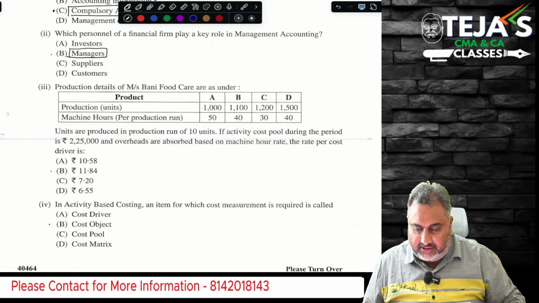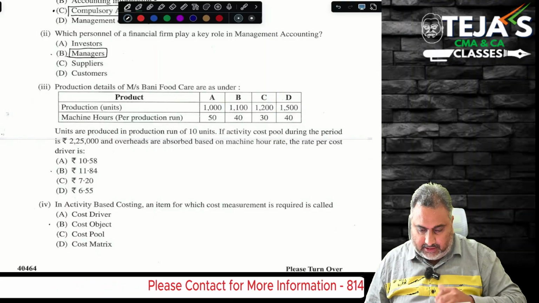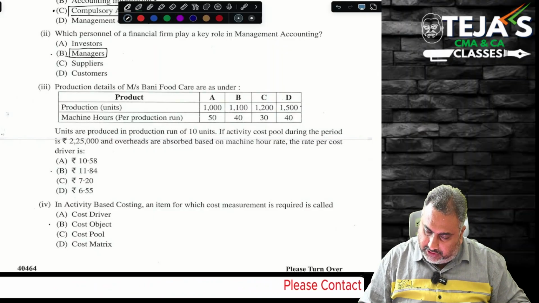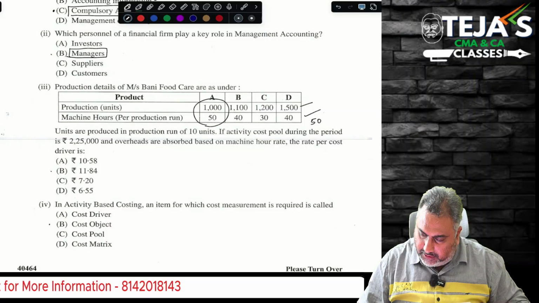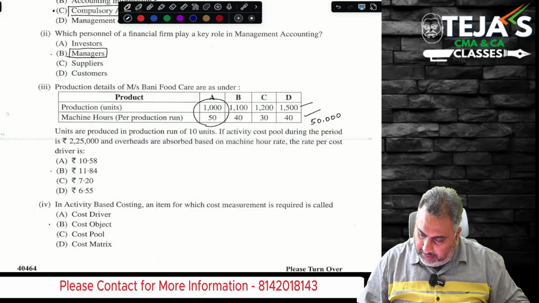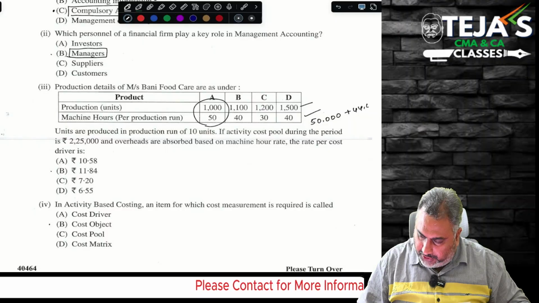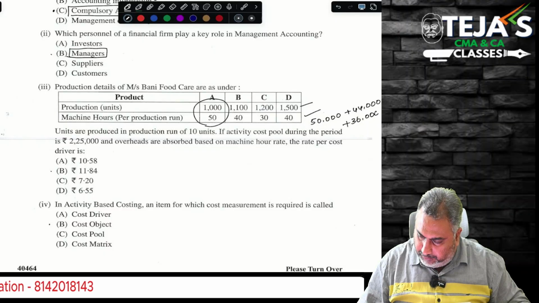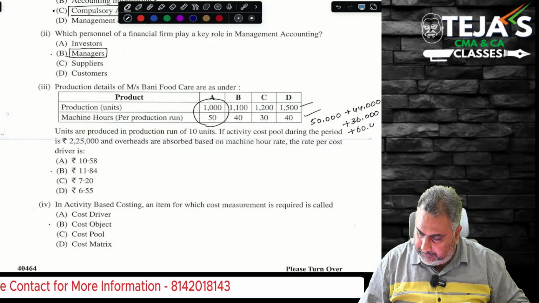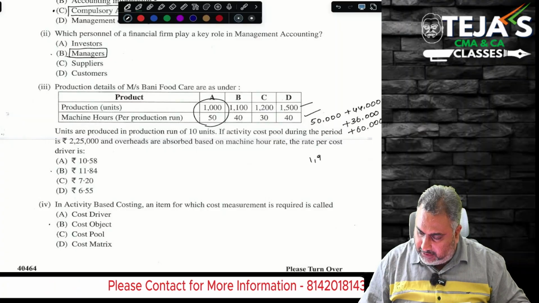And production details of Bunny Food Care are as under. They are giving production and machine hours. By using this we are able to find out our machine hours: 50,000 plus 44,000 plus 36,000 plus 60,000, totally 1,90,000 machine hours.